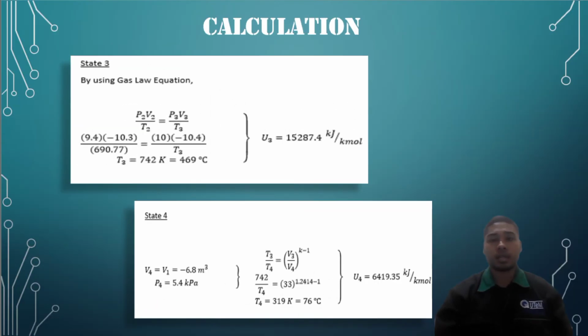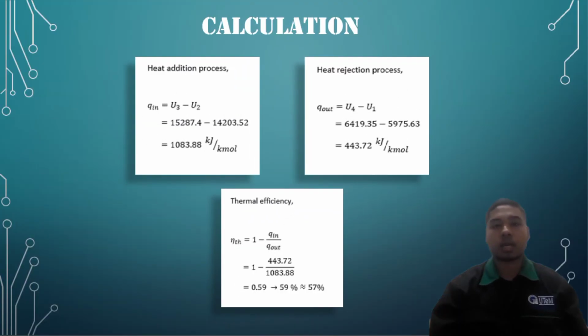For step number 3 and 4, for evaluating temperature, we need to use the gas law equation respectively. After that, we can evaluate the internal energy for step number 3 and step number 4. After evaluating all the internal energy, we can determine the heat addition and heat rejection for this process.